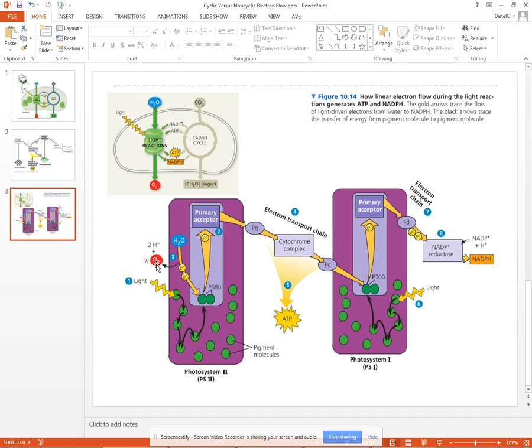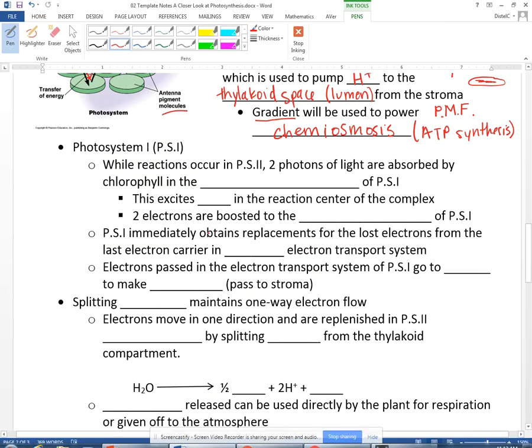We talked about how the origin of oxygen is not from CO2, the origin of oxygen actually comes from water. So those electrons receive energy and then they're boosted to the electron transport chain. We'll focus on more detail about that in a few minutes.